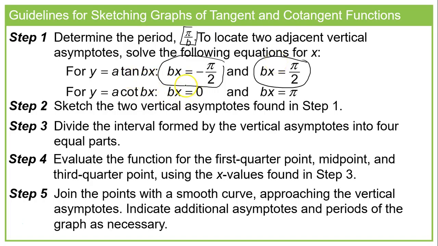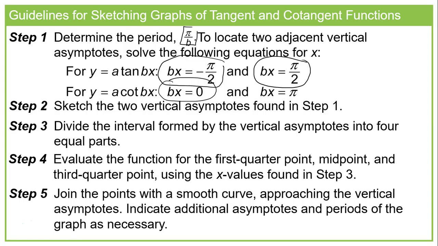That's for a tangent function. If you have a cotangent function, one of your x values or vertical asymptotes is always going to be at x equals 0, unless we have a vertical shift or a horizontal or phase shift within that function. And we'll look at the phase shifts after a while.